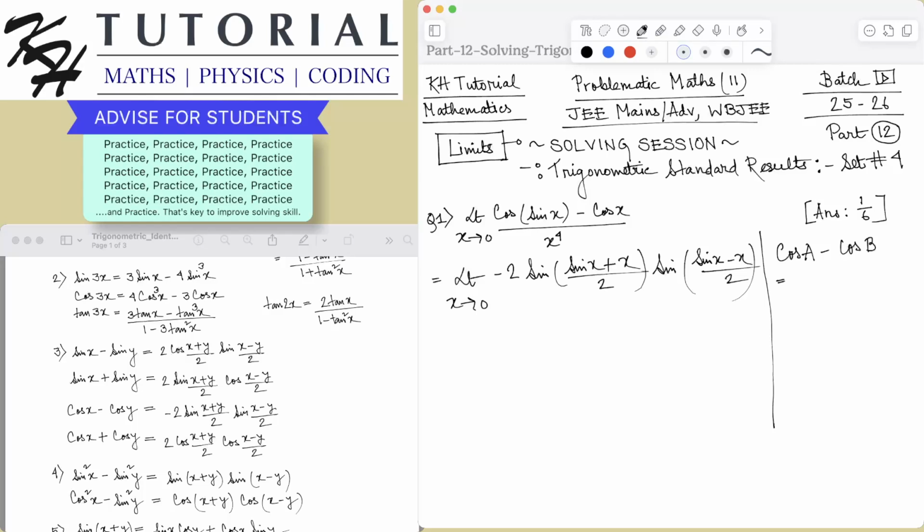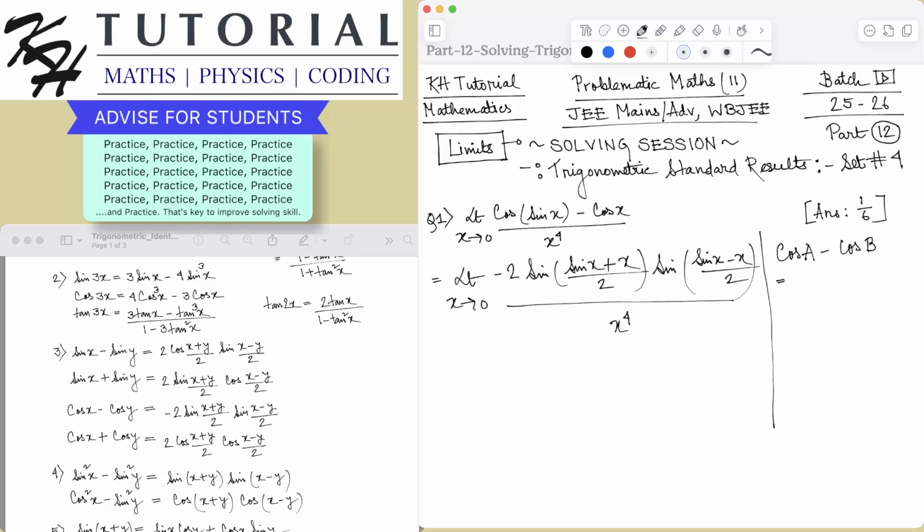Okay, this is the cos A minus cos B formula, divided by x to the power 4.